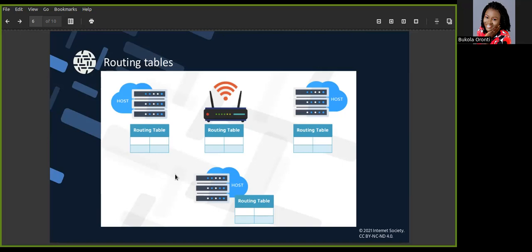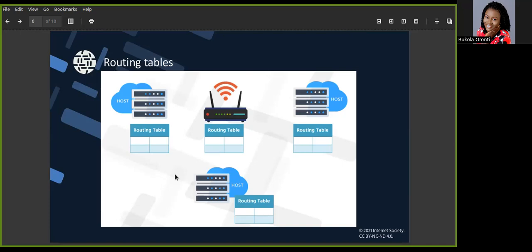For example, host A will tell you, okay, I'm connected to this group of IP addresses, this group of networks. The same thing, a router will say, okay, I'm aware this network of this IP address is connected directly to me, or this one, I have the information and I know the path to it. That is simply what a routing table consists of.